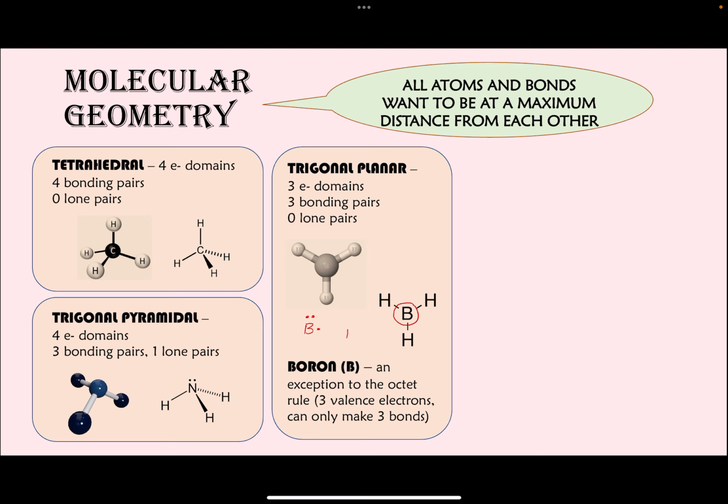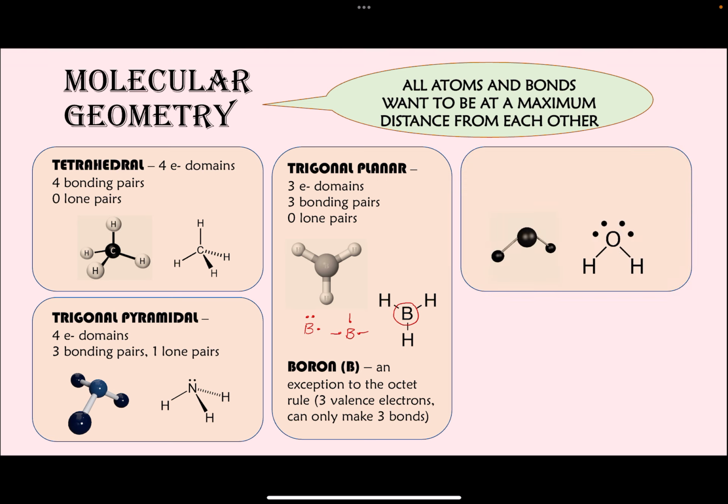So if we go ahead and rearrange those 3 valence electrons and put them on 3 different sides, the maximum number of bonds that boron can make is only 3. That's it. It doesn't have any more electrons to make any other bonds. So boron is an exception to the octet rule. It is never going to have a complete octet. So it's never going to have 8 electrons in the valence shell.